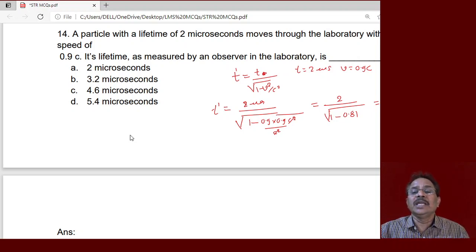It is something in between, 0.4 something, like 0.42. So the square root of 0.19 is around 0.42.